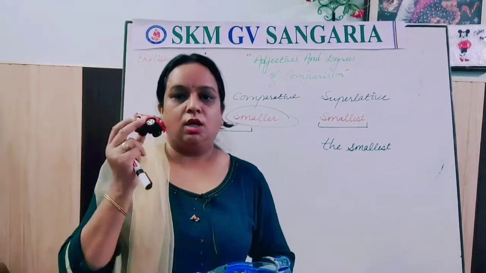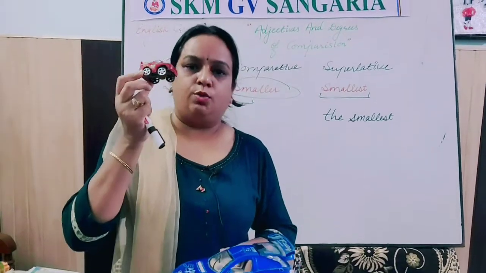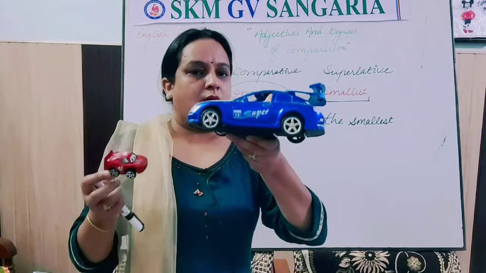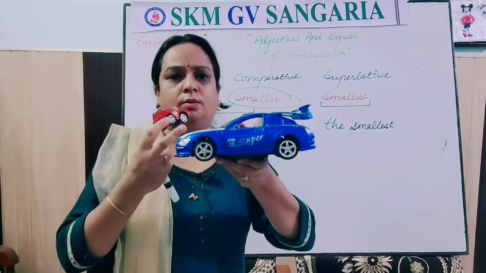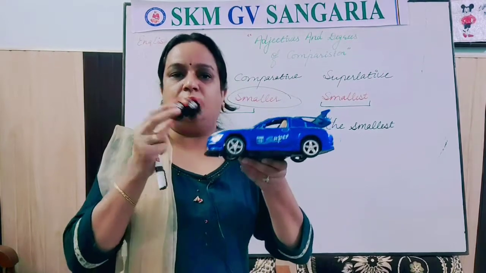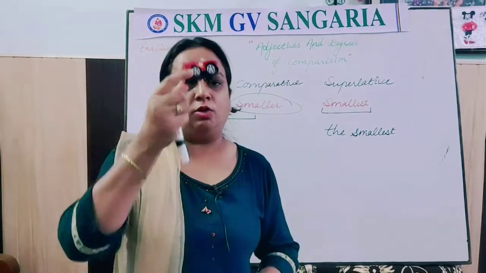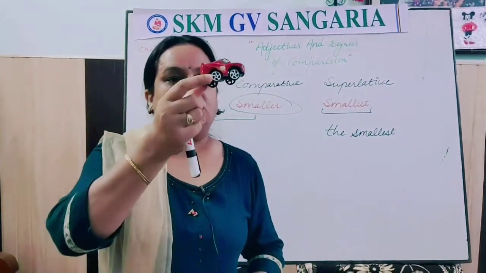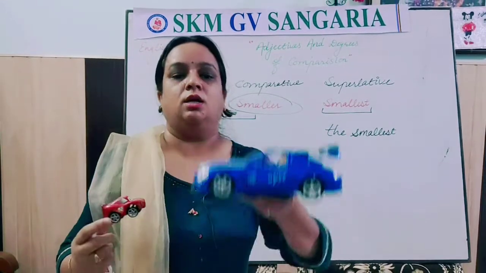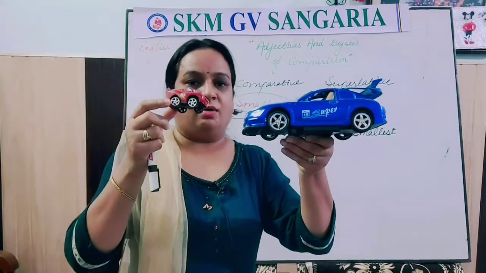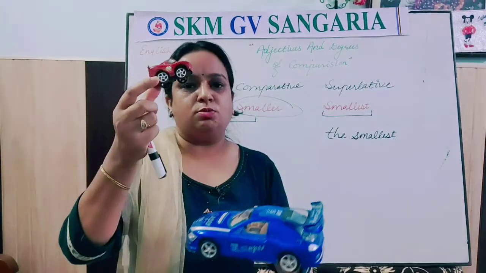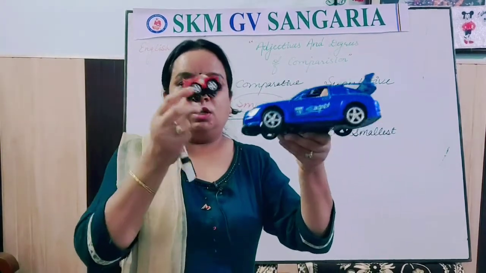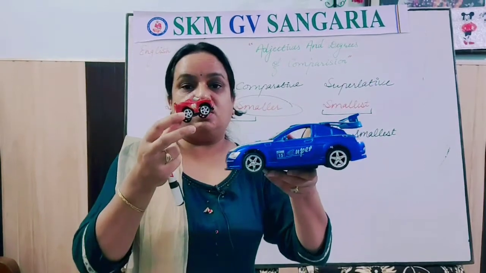Now see, I have a red car which is a small car. Now I have a blue car which is the big car. Now if I am making the comparison, when I am talking about this car, I have a small car. But if I have these two cars and one is my friend's and one is mine, how will I use the comparative degree?